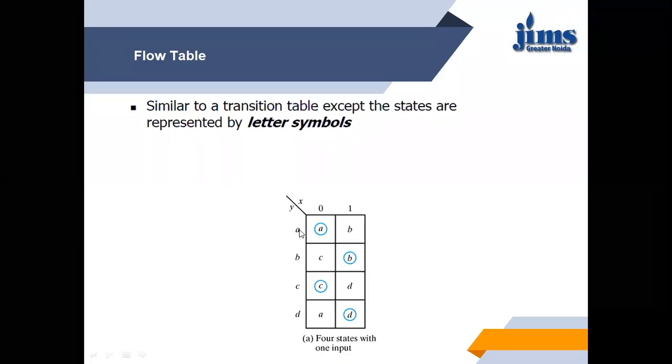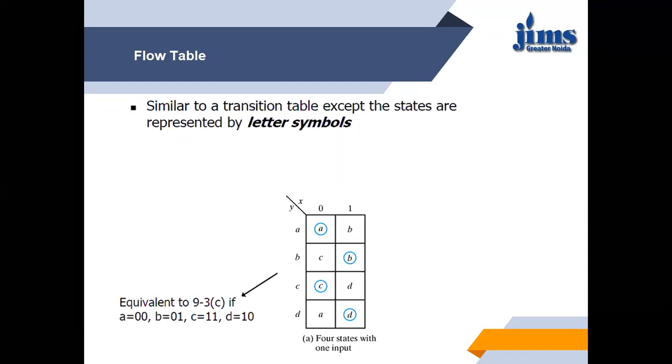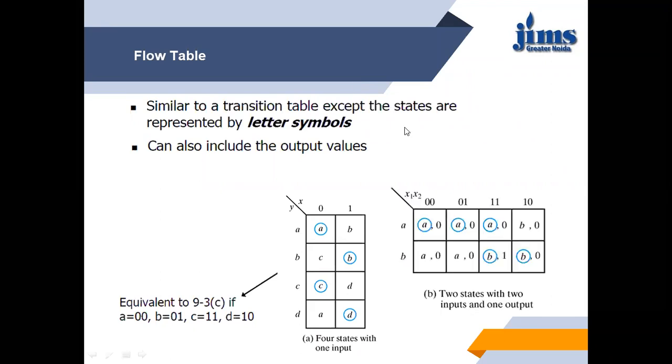0, 0, 0, 1, 1, 1 and 1, 0. So A equals 0, 0, B equals 0, 1, C equals 1, 1 and D equals 1, 0. We can also include the output variables. When we include the output variable, it is like this.